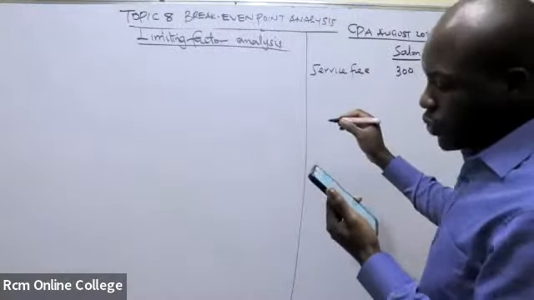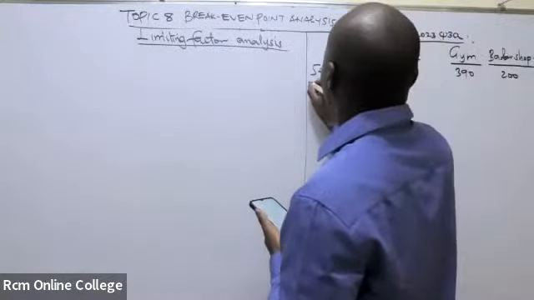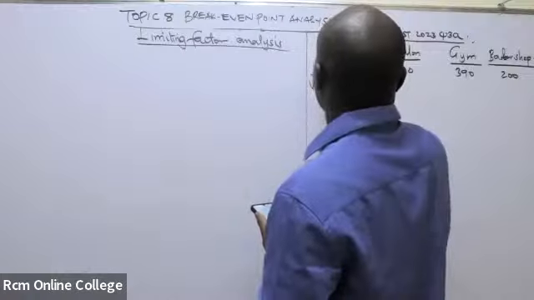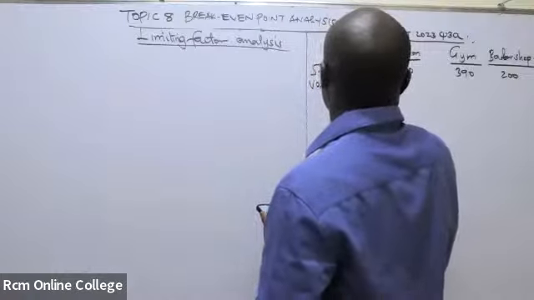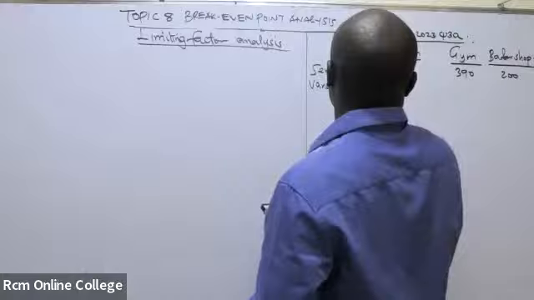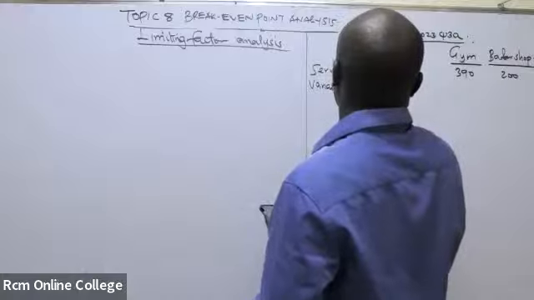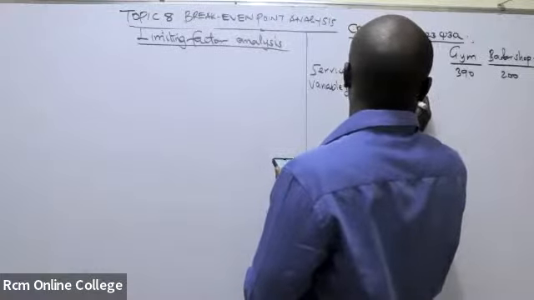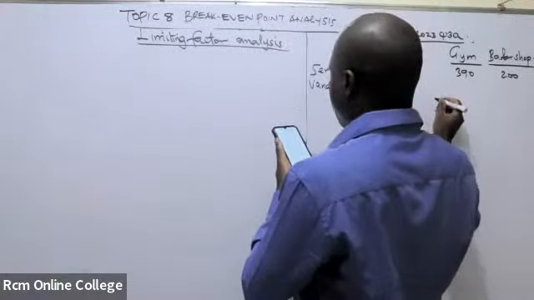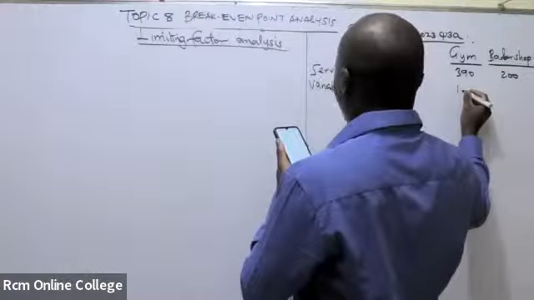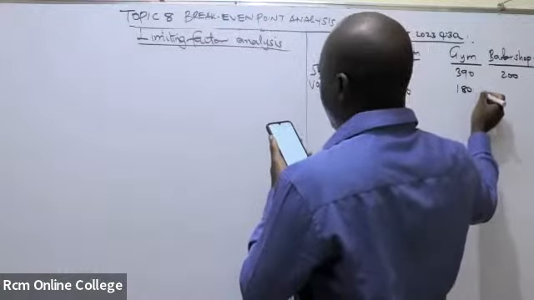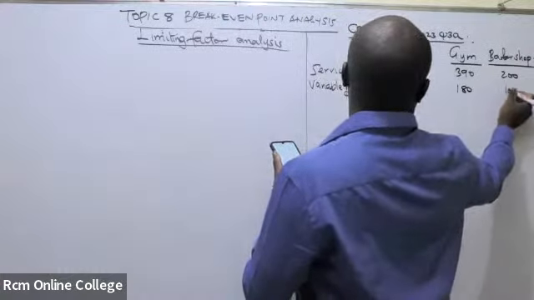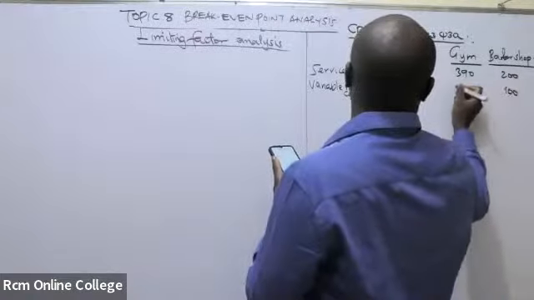Then we go to variable material cost: 140, 180, 100. And remember, these are expenses from the service fee.